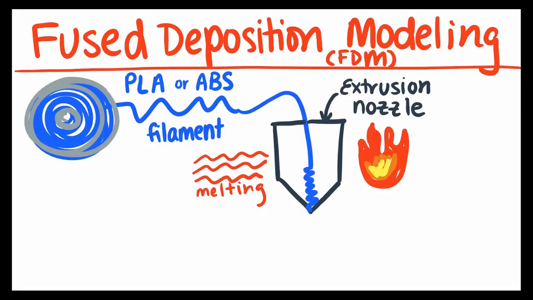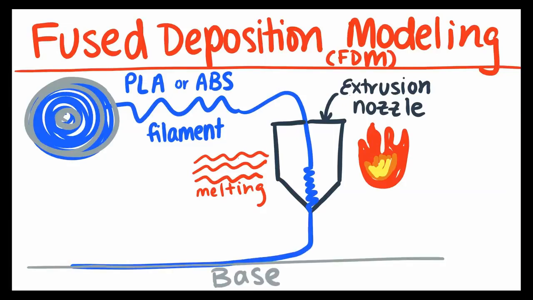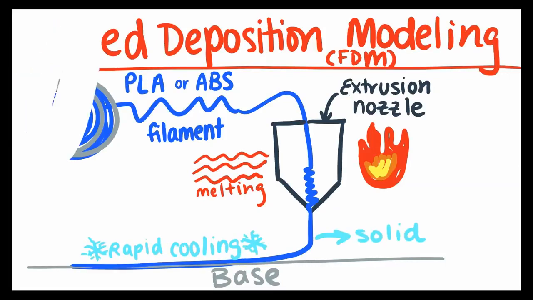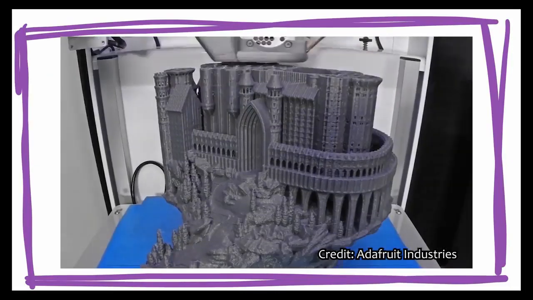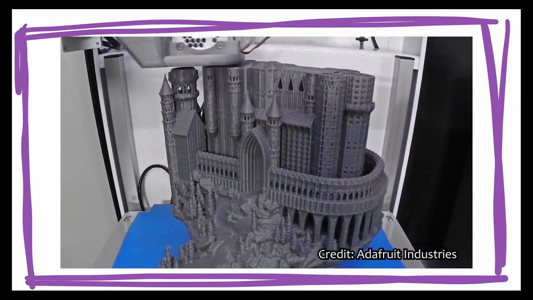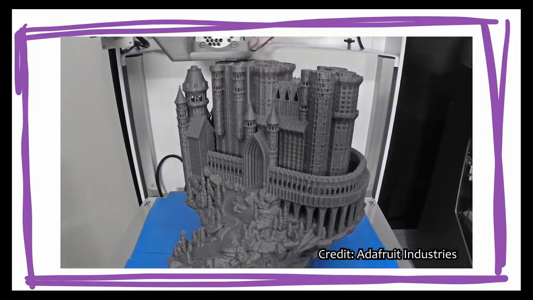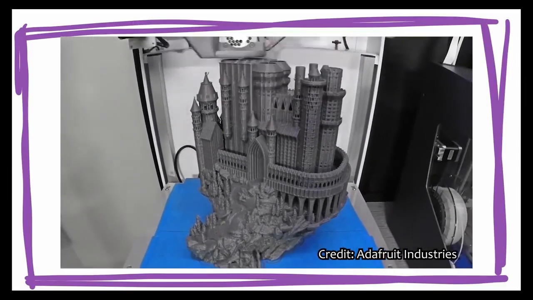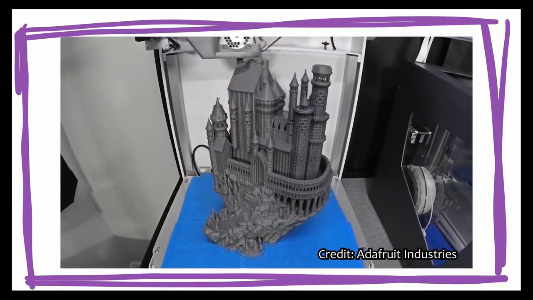Then, the extrusion nozzle extrudes the hot, melted filament onto a base, thus drawing each 2D layer of the 3D object you want to print. As the nozzle extrudes the melted filament onto the base, it cools rapidly, becoming a solid. The next layer of hot filament is extruded on top of this cooled layer, and they bind together to become one solid. Eventually, the nozzle will have printed every 2D layer, thus producing your 3D printed object.